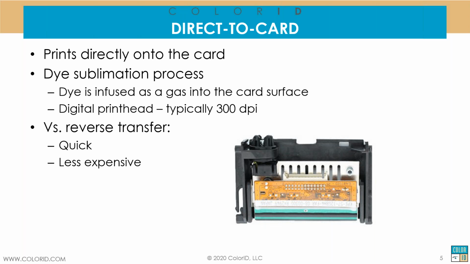It's not just something sitting on top of the card that can flake off. It's actually color infused into the surface of the card. So that's why it's called die sublimation. The die is infused as a gas, and versus the reverse transfer process, which I'll describe in a minute, this is usually a little quicker, and usually the printers and the supplies are less expensive.